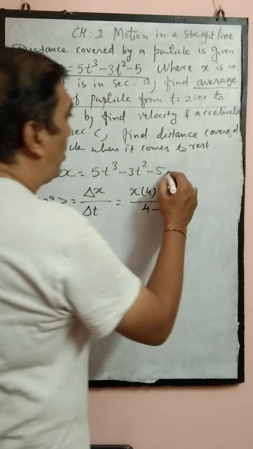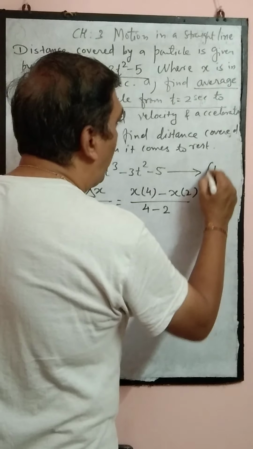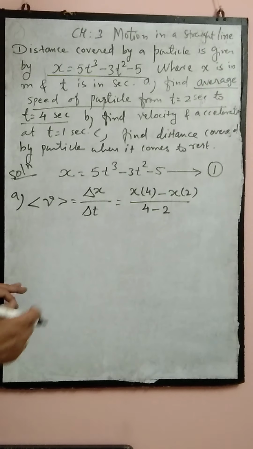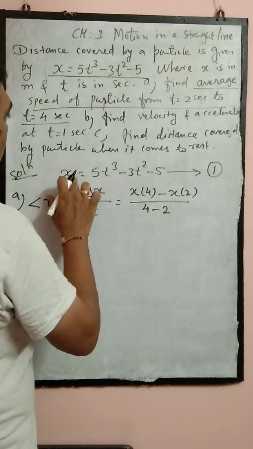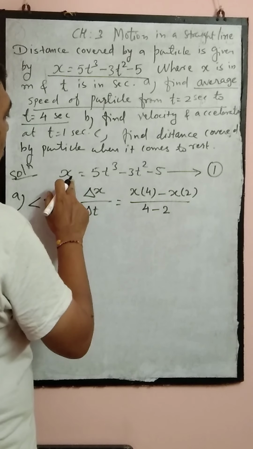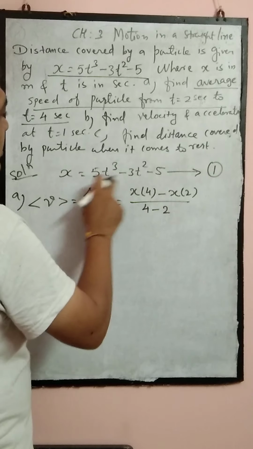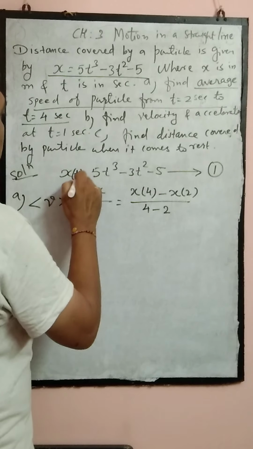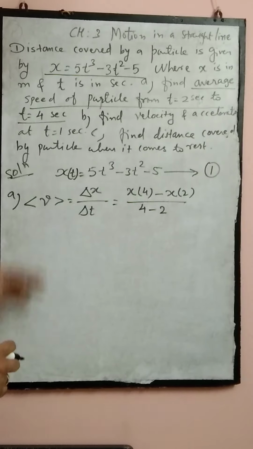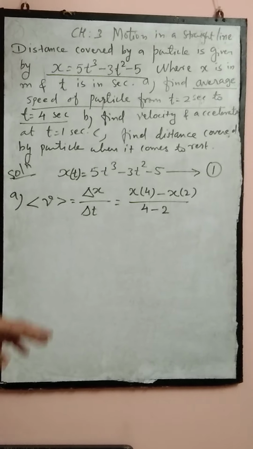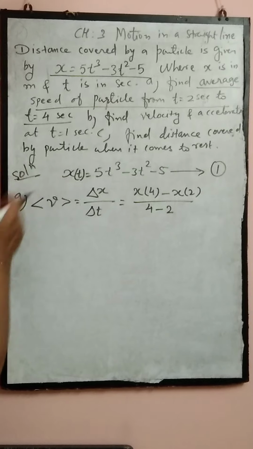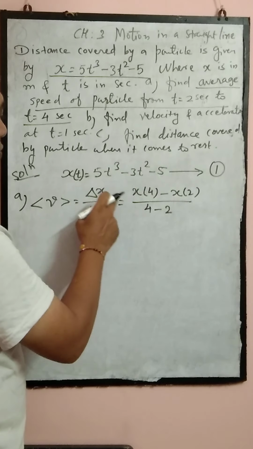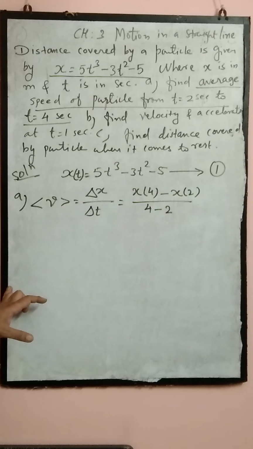So the distance covered can be found from equation number 1, which we have already noted down. You can also write this equation of distance, which is varying with time, as a function of time, that can be written as x of t, just for your understanding. So the first question: average v is equal to delta x by delta t, which is very clear.